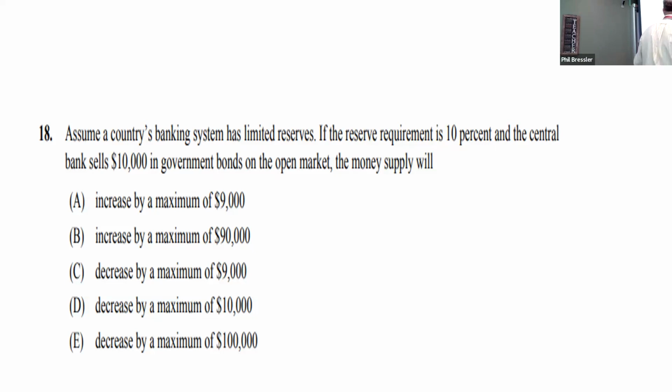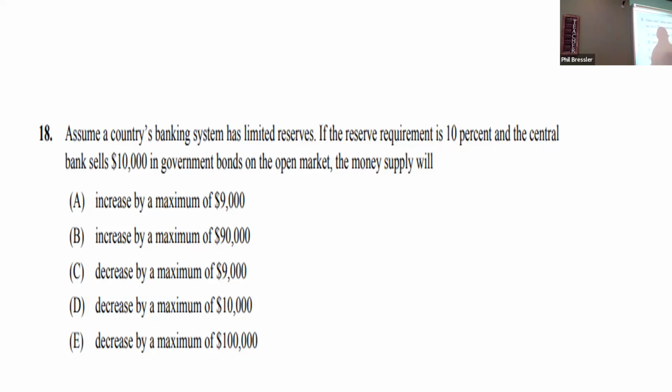It would be the same amount. So you're going to take the $10,000 and the money multiplier is 1 over RR, 1 over 0.1, so $10,000 times 10, $100,000.